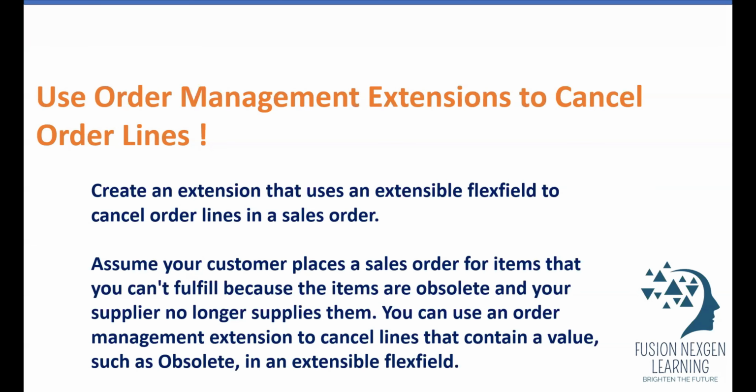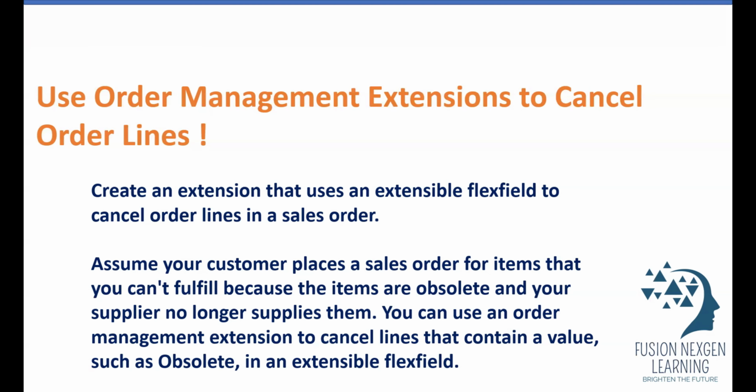You can use an order management extension to cancel lines that contain a value such as obsolete or cancel or Y or whatever. Based on your business requirement, you can utilize any values within your extension. The extension will honor that and cancel that particular line. Those values you have to pass within the extensible flex fields.